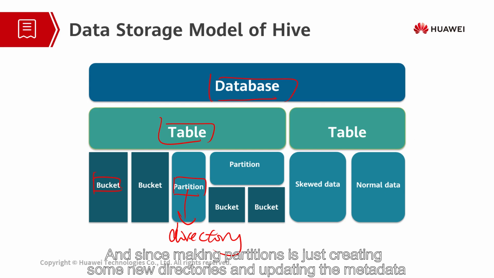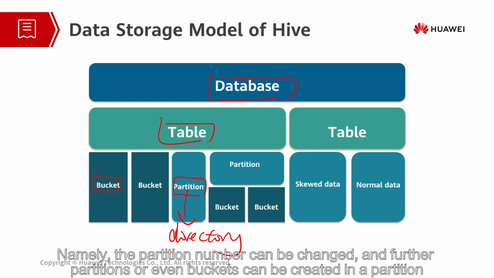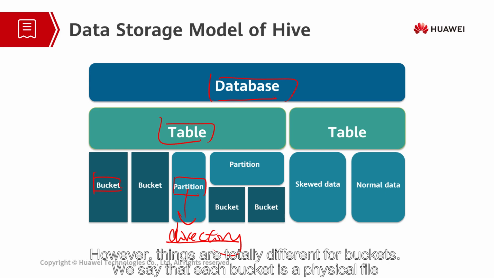And since making partitions is just creating some new directories and updating the metadata, it is cheap and the partition number is not fixed. Namely, the partition number can be changed, and further partitions or even buckets can be created in the partition. However, things are totally different for buckets.